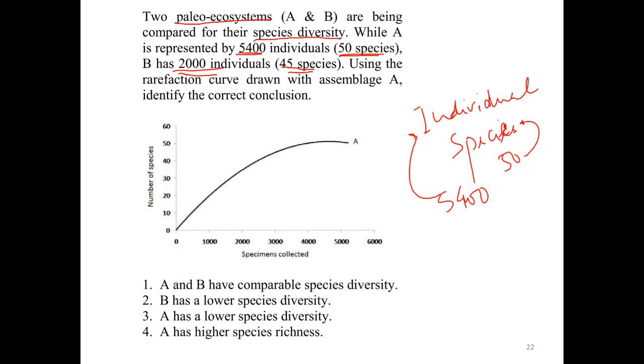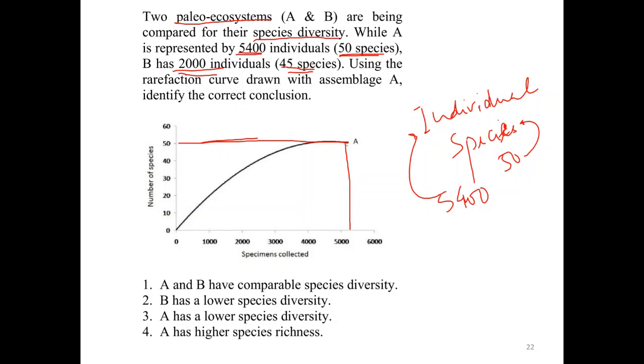So if you look at this rarefaction curve, it says that there are 50 species and 5,400 individuals. What about B, paleo ecosystem B? It has 45 species and it has 2,000 individuals.